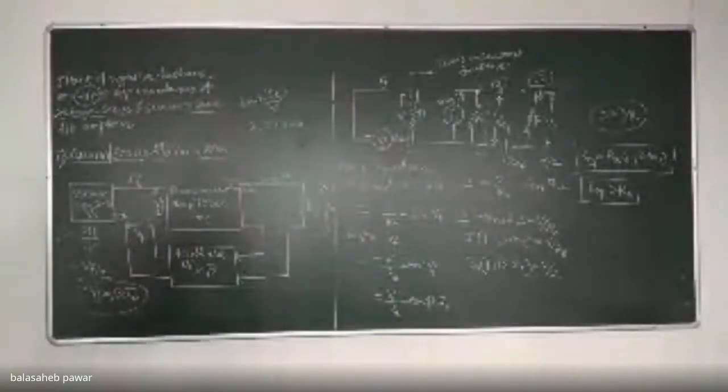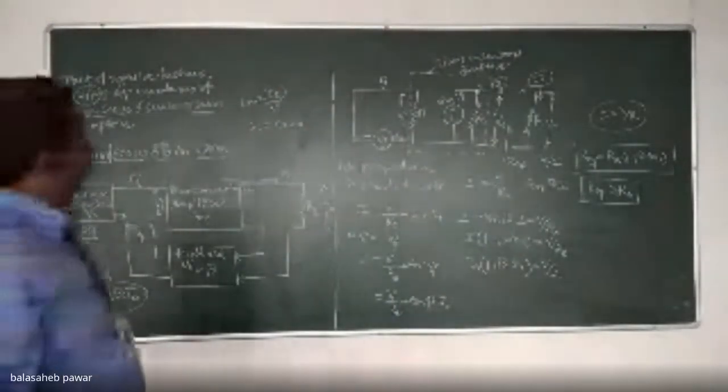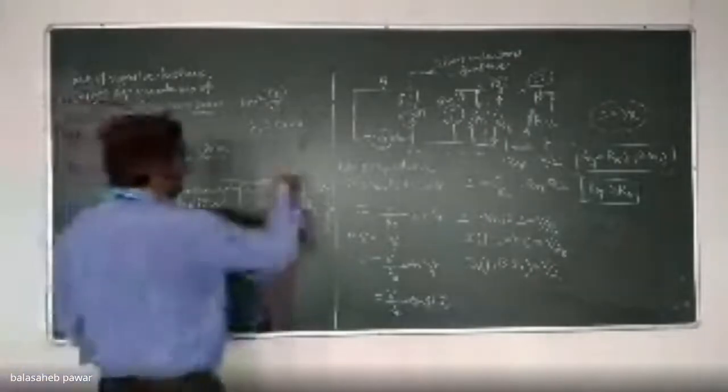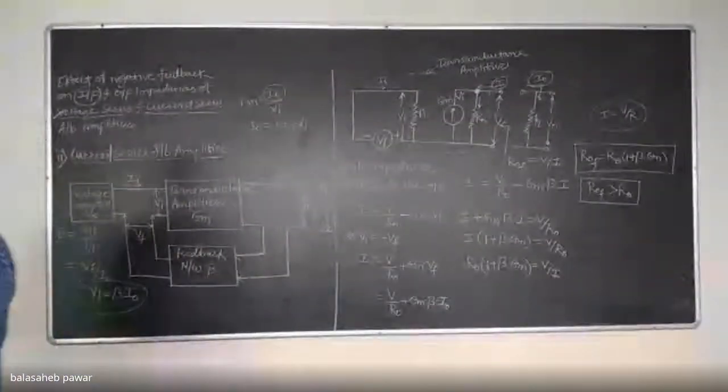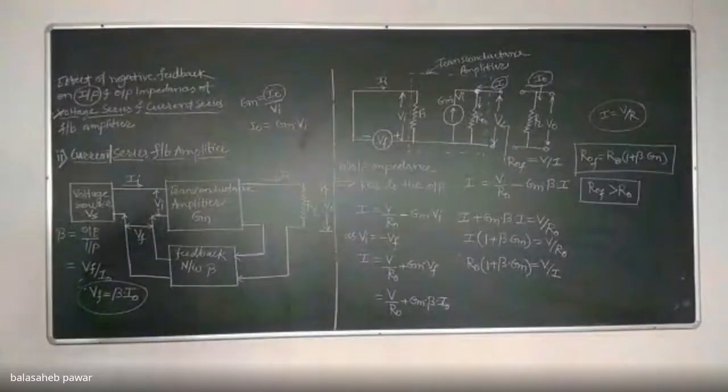Okay. In your theory exam, remember, there will be almost a 6 to 8 mark numerical based on either of these two. One numerical will be there, which may be based on the voltage series feedback amplifier or the current series feedback amplifier.